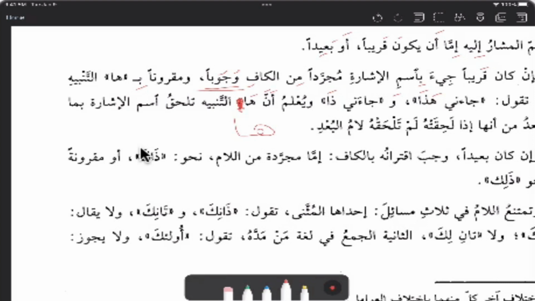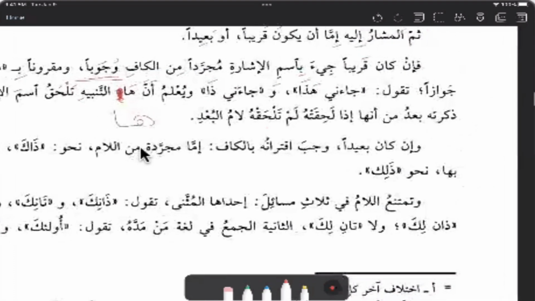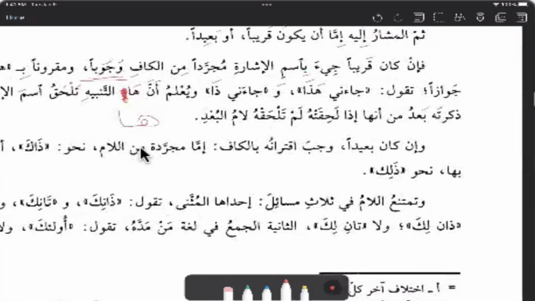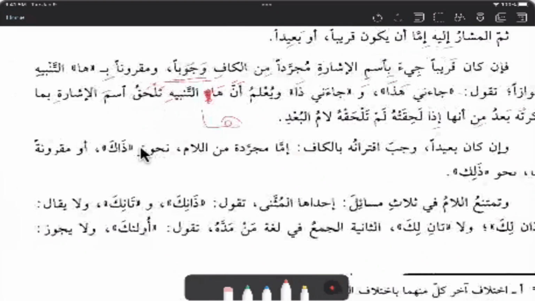ويعلم أنها التنبيه تلحق اسم الإشارة بما ذكرته بعد من أنها إذا لحقته لم تلحقه لام البعد.